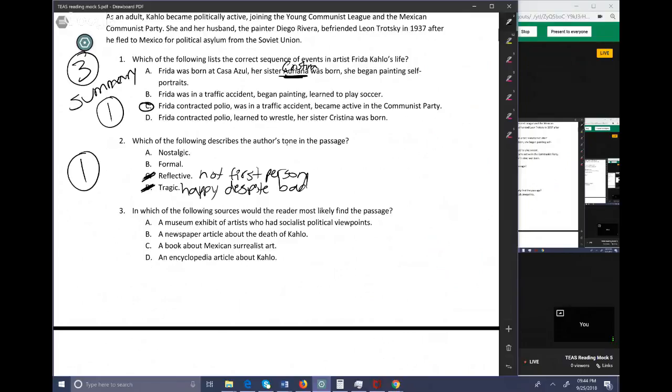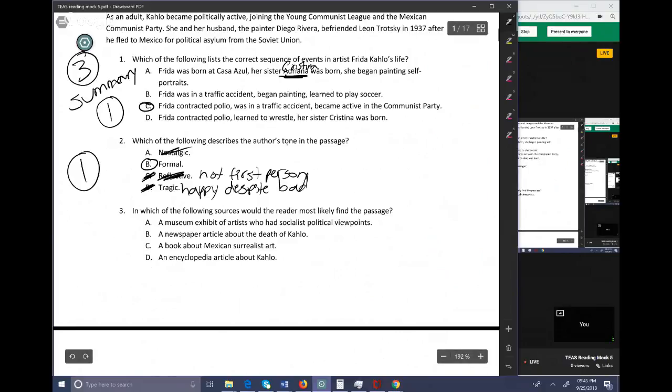So although this could be thought of as maybe a teeny tiny bit nostalgic because it's talking about the past, and it's a teeny tiny bit reflective because this is someone who overcame some struggles and kind of went from this normal person to this person who got badly injured to this person who was really famous, if you noticed any property of either of those, it was very, very little.